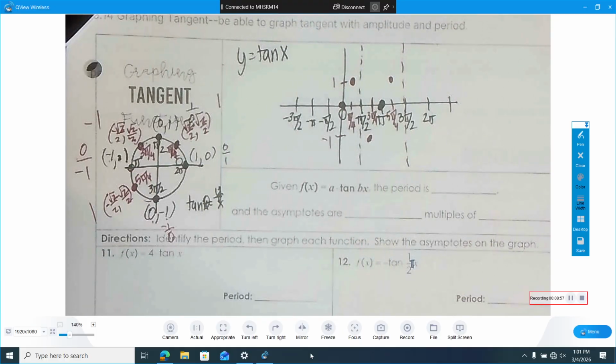Then press the zoom button and do zoom trig. Yeah, we got asymptotes.